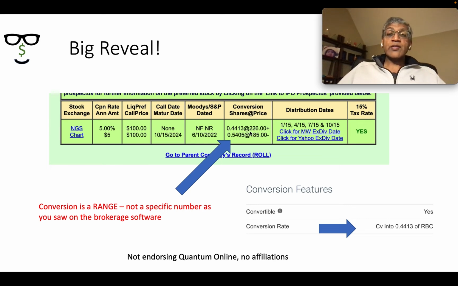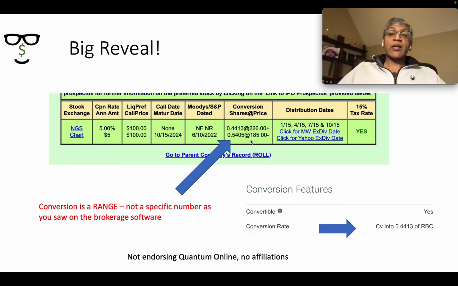is 226 or more than 226, then one RBCP unit, one stock of the preferred stock, converts into 0.4413 of RBC.